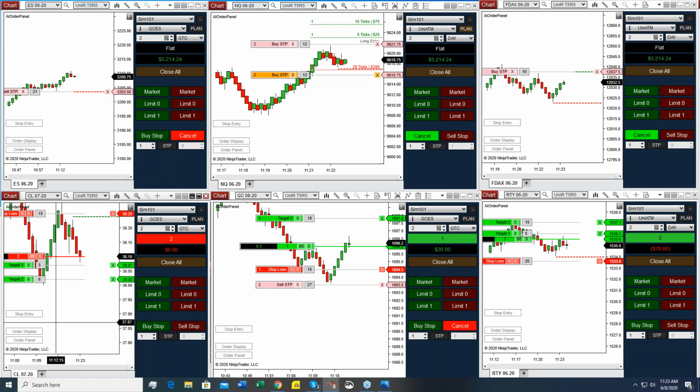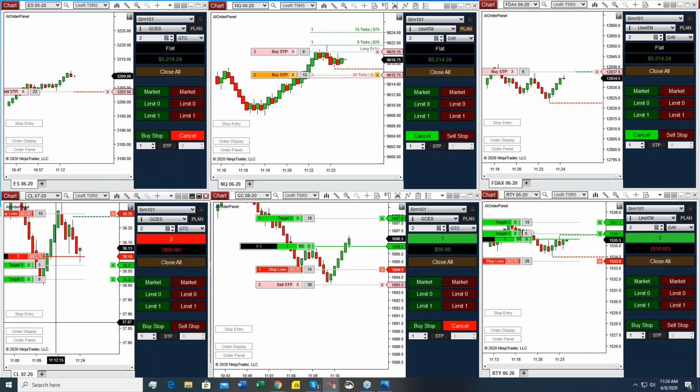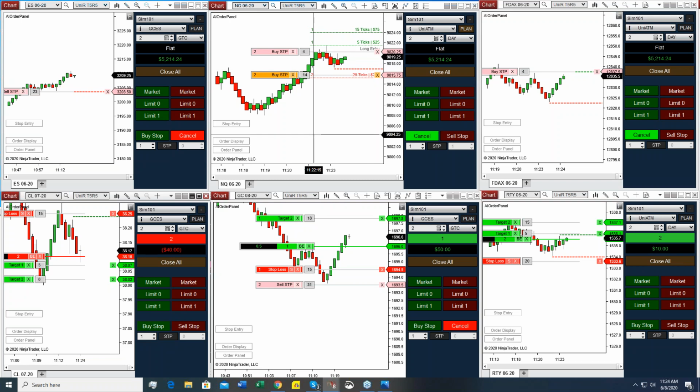Until they fire. See how they adjust when the pivots adjust? You don't have to do anything.